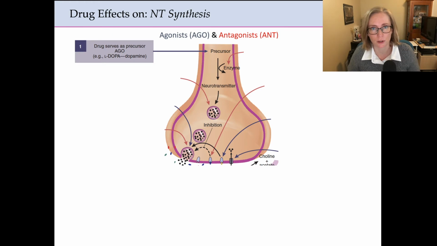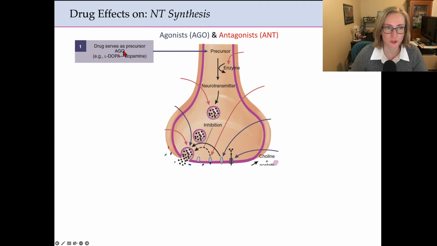Once that precursor gets into the terminal button, this L-DOPA passes the blood-brain barrier, goes into the terminal button, and then enzymes are hard at work making a new neurotransmitter. So this is how you can give Parkinson's patients the ability to make their own dopamine. Because you're adding a precursor to it, this is going to be an agonist. You're helping facilitate dopamine production, right?